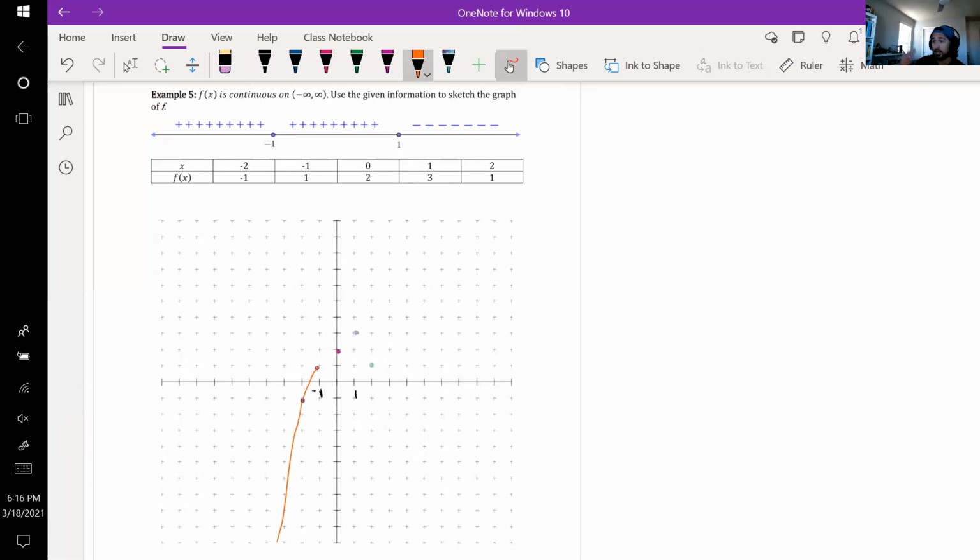And then from -1 to 1, we are increasing again. So it would curve that way. And then from 1 to infinity, we decrease. So we'd curve up and down and ugly, but there you go.